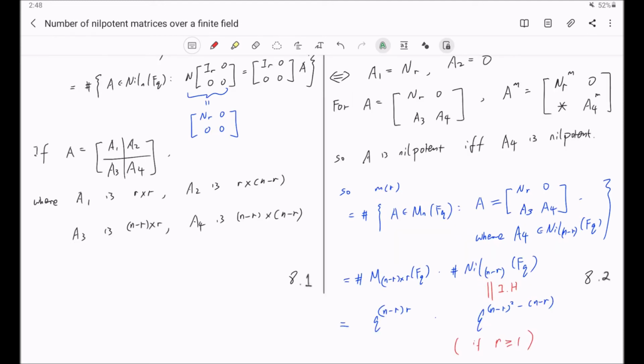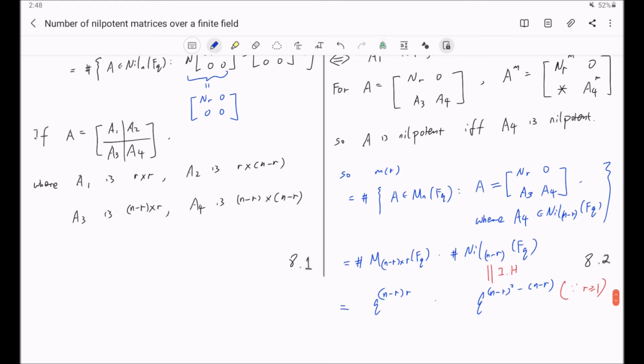So this is indeed true. And now we combine those two terms, which will give us q raised to the power n minus R times n minus 1. That is our computation of m of R under the induction hypothesis for R greater than or equal to 1.